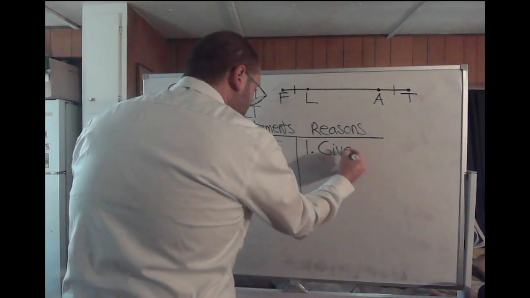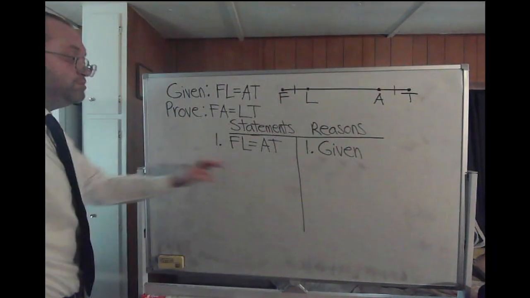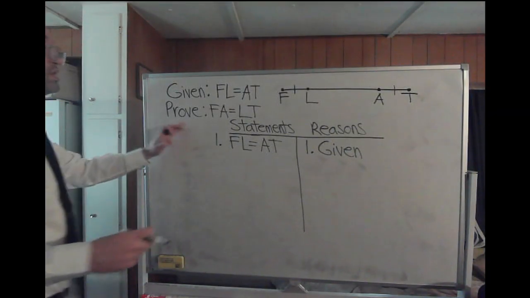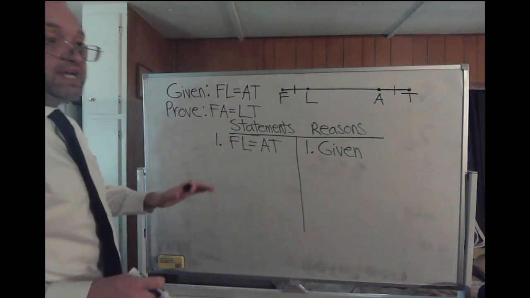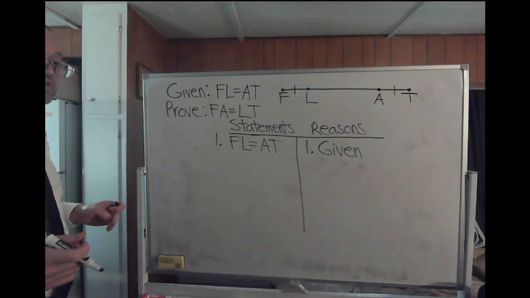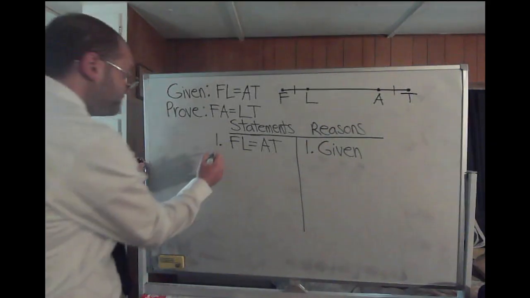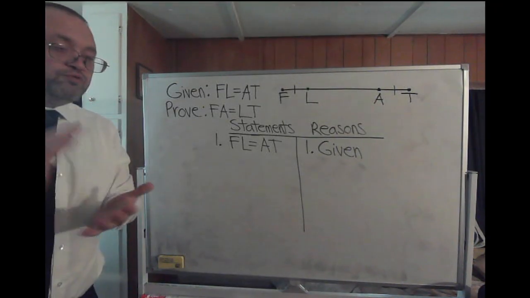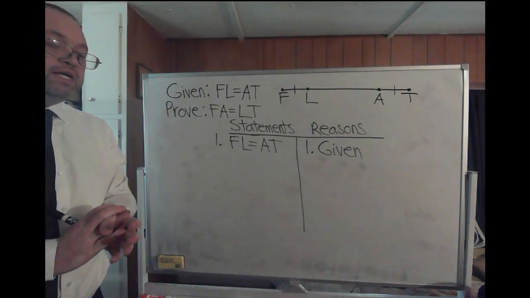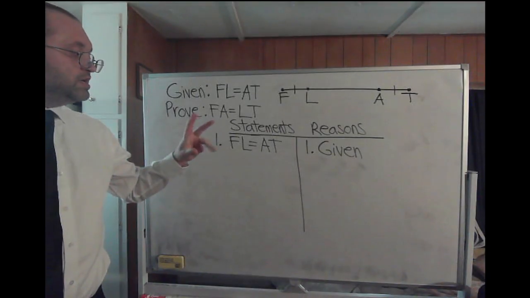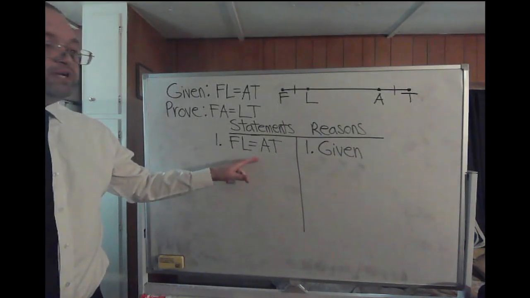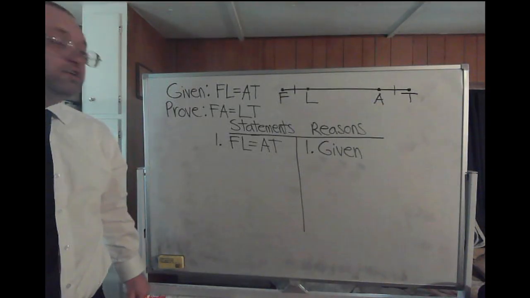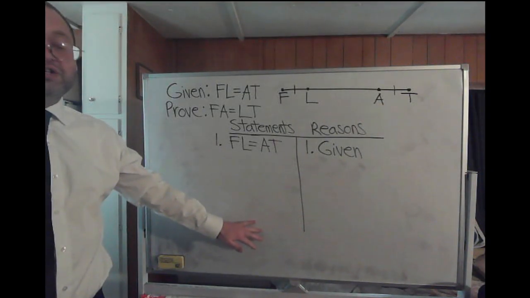As I said, 90% of the time you'll use your given information as your first step, but it's important to really pay attention to the proof and what they're saying to know whether you shouldn't use it as your first step or not, but most of the time you will. Let me put it this way. If you're doing a proof and you use the given information as the first step when you shouldn't have, you're just going to run yourself in circles and do a lot more steps than you need to do.